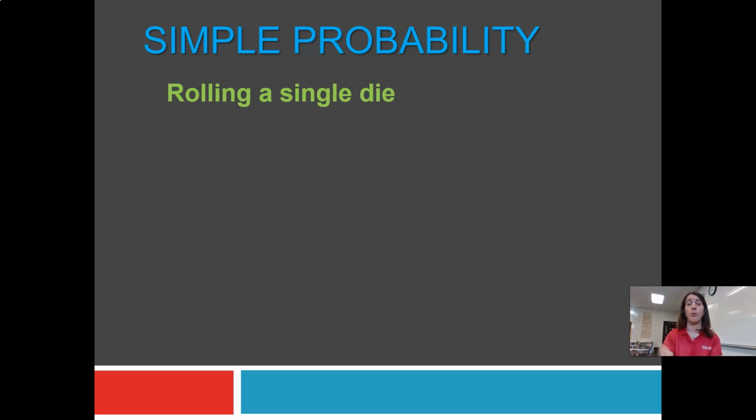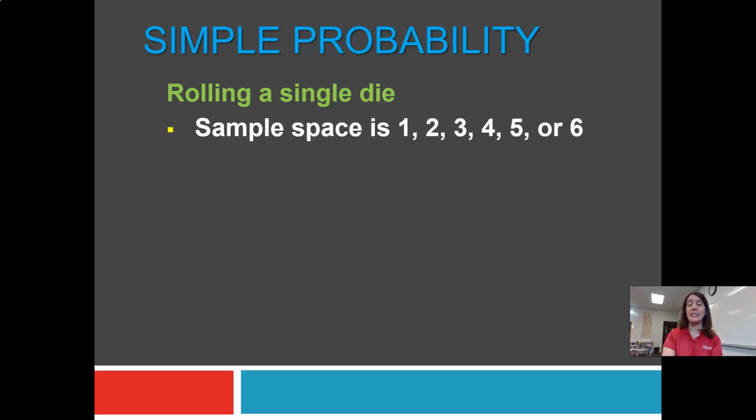Just another simple example, rolling a single die. A single die, that's like in a game, you get your little number cube, which has the numbers 1 through 6. So the sample space, the total outcomes, are the numbers 1, 2, 3, 4, 5, and 6. If I said, what is the probability of getting a 5? Well, how many 5s do we have in our number cube? Just 1 out of a total of 6 sides.